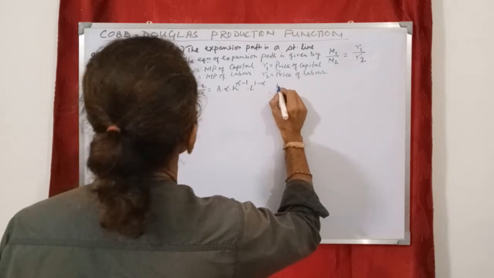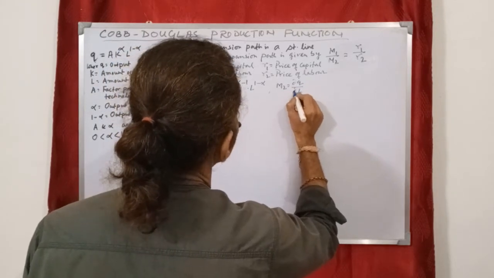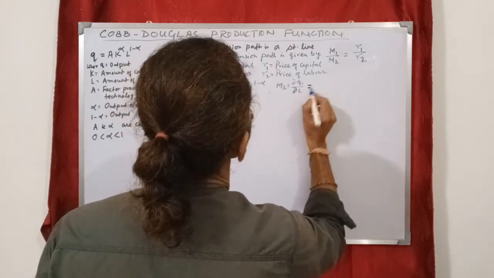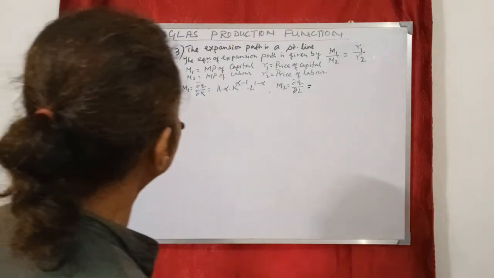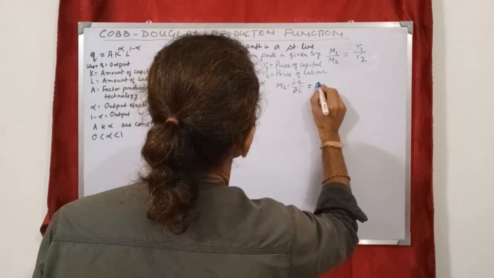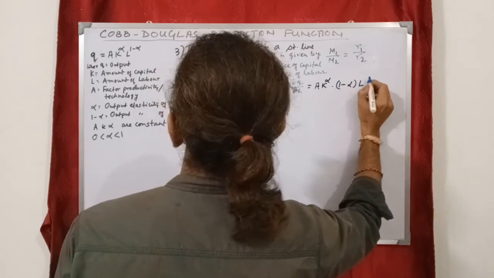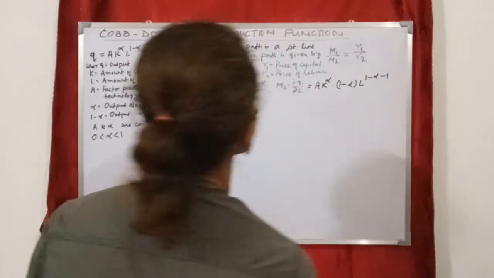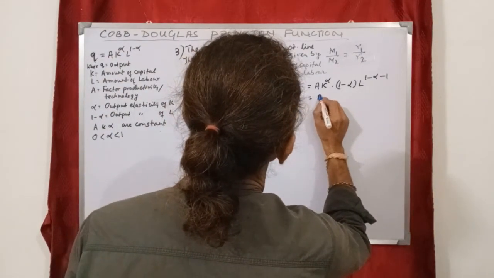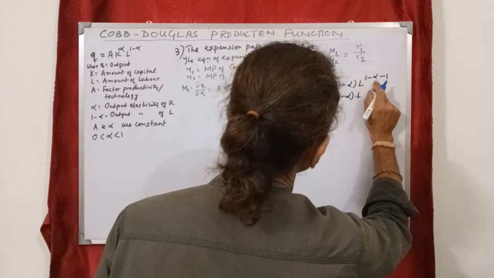And M2 equals to del Q by del L. Again we take partial derivative of Q with respect to L, so del Q by del L is equal to A k to the power alpha into 1 minus alpha L to the power 1 minus alpha minus 1.